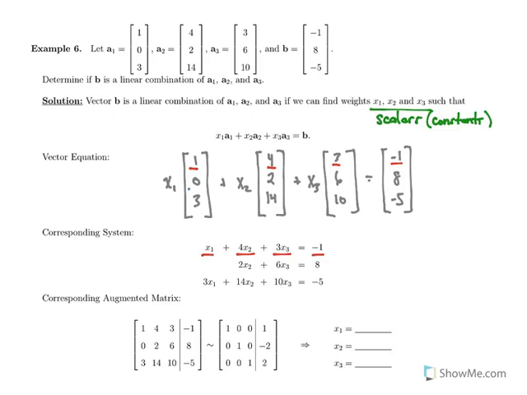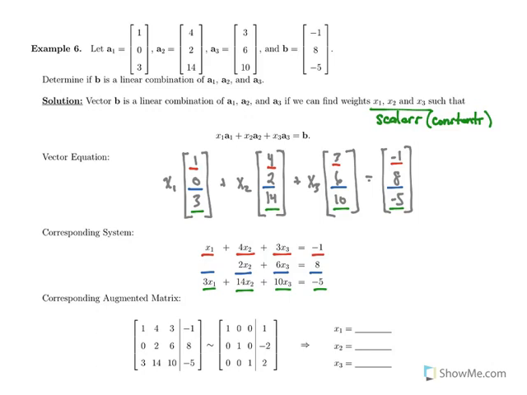The second entries, we have 0x1 plus 2x2 plus 6x3 is equal to 8. And then finally, 3x1 plus 14x2 plus 10x3 is equal to negative 5. This is a corresponding system, and now we've finally related it back to section 1.1 and 1.2. When we're talking about vectors, in this linear combination question, we are talking about a system of linear equations. And we know how to solve this.